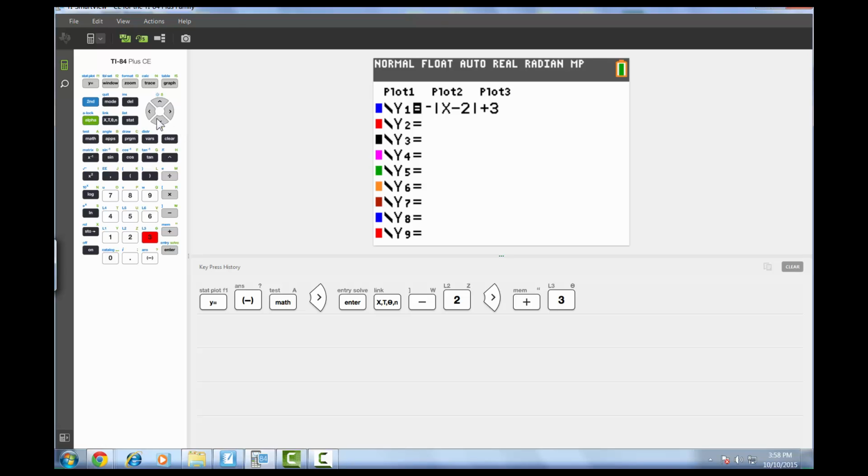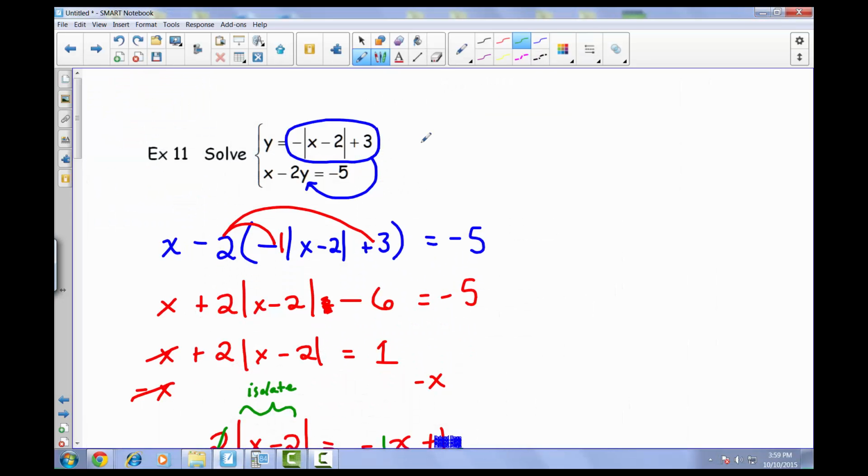Now we also have to tell the calculator our other function. Now unfortunately, we don't have things in terms of like a y equals mx plus b. Right now, we actually have things in standard form for our second function, so we actually have to go ahead and solve for y equals mx plus b here. There's a couple ways you could do it. We would first maybe subtract x from both sides.